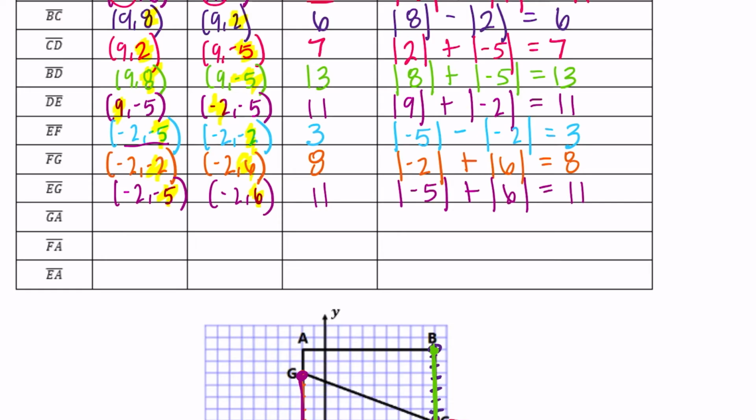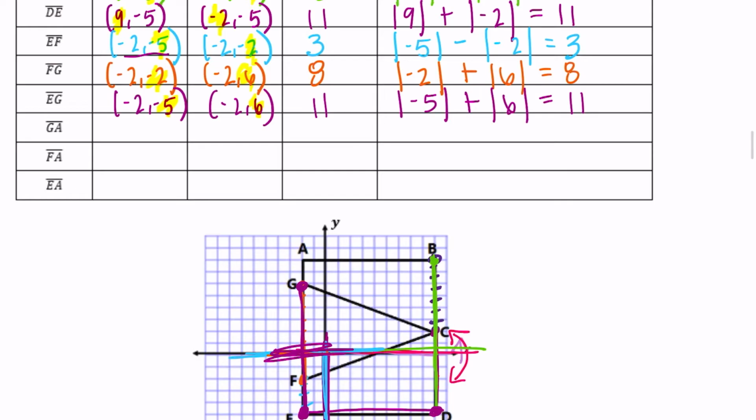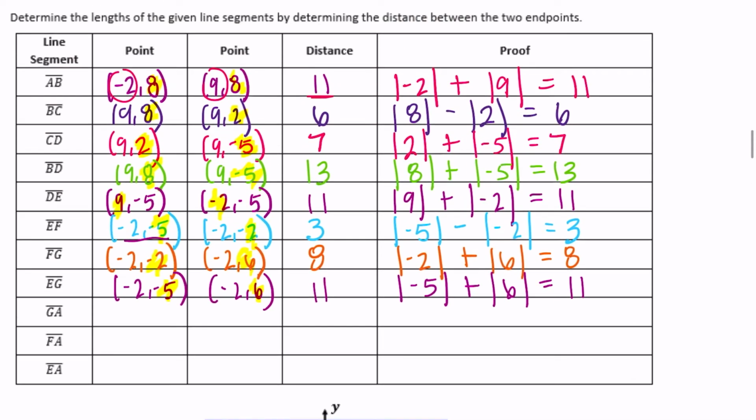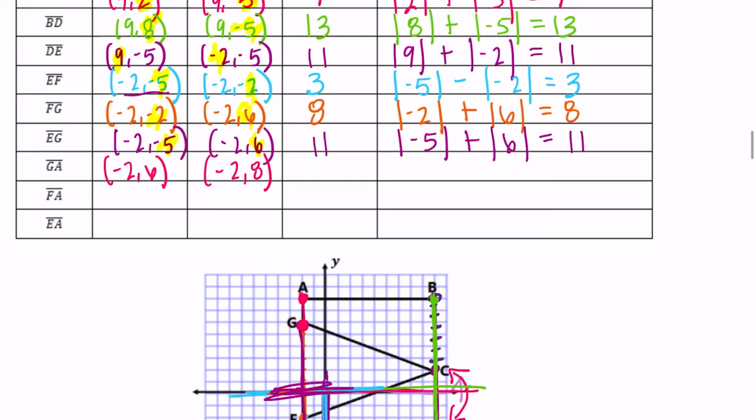All right, GA. Here's GA. So the coordinate for G was -2, 6. And the coordinate for A is -2, 8. Now these lie on the same side of 0. Right? They don't cross 0 at any point.